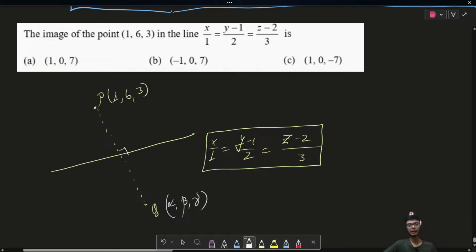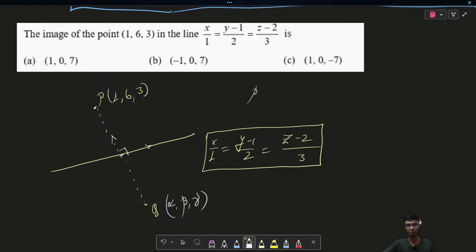Alright, so this will be the perpendicular line. Now in order to solve this problem, there is another method, which is to not directly find out the foot of perpendicular. Rather, you can form this PQ vector and make it perpendicular to this line vector. Also, you can find out the midpoint of PQ line and satisfy it in this equation. That is another easy way of doing it. So let us go by the easy way.